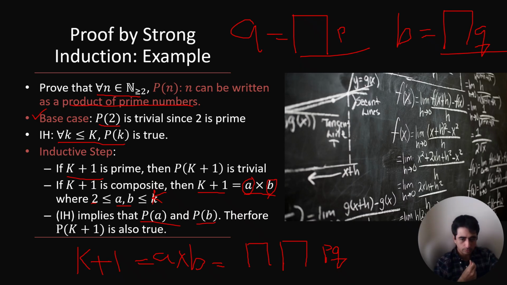And I don't need 2 pi's here, just 1 is enough. So I can write K plus 1 as the product of all prime numbers that are in the factorization of A and in the factorization of B.